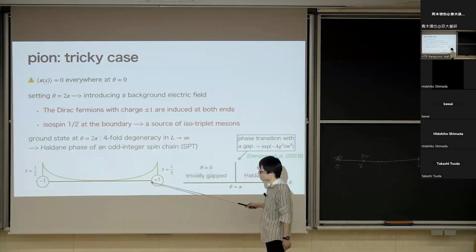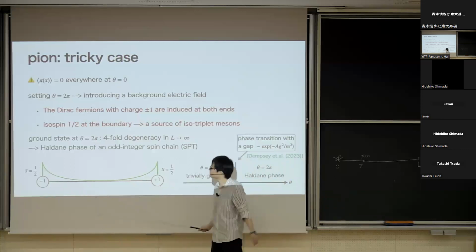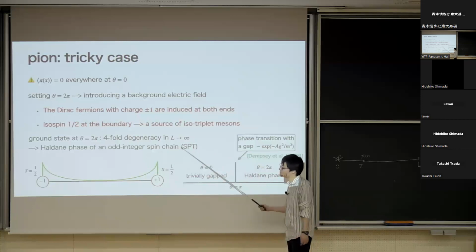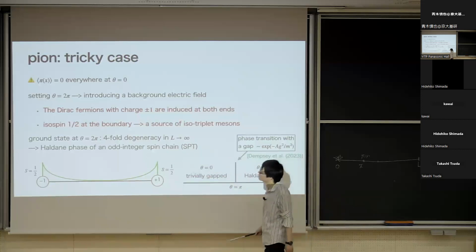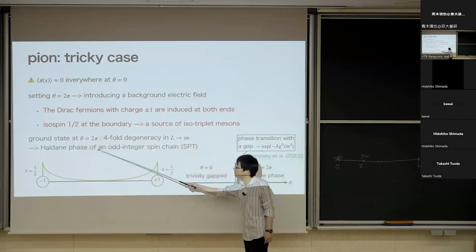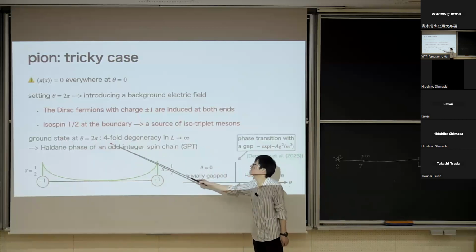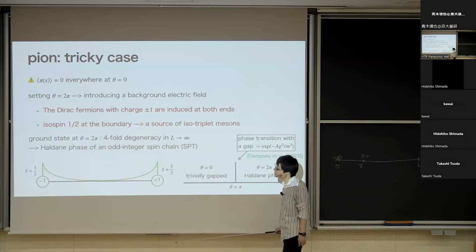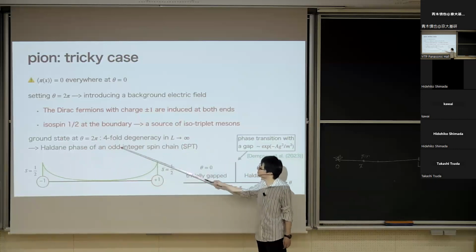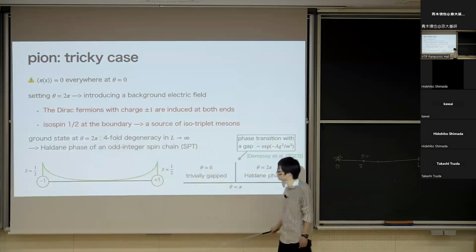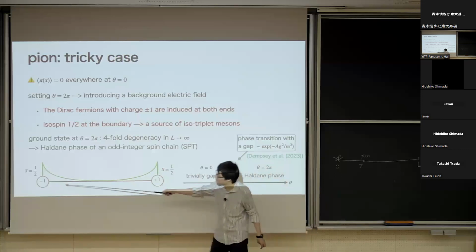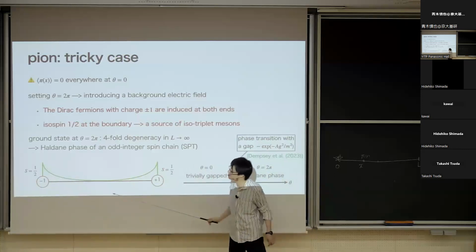In fact, this phenomenon is related to the so-called SPT phase in condensed matter physics. The ground state at theta equal to pi has a fourfold degeneracy in the infinite volume limit, and this corresponds to the Haldane phase of the odd integer spin chain, which has a spin 1/2 degree of freedom at both ends of the lattice.